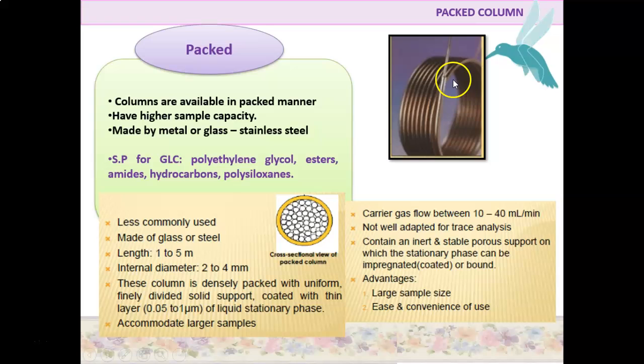This figure of a packed column is illustrated here. Packed columns are available in a packed manner. It has higher sample capacity, made of metal or glass, which is stainless steel. The stationary phase for gas liquid chromatography for a packed column is ester, amide, hydrocarbon, polysiloxane. Packed columns are less commonly used.